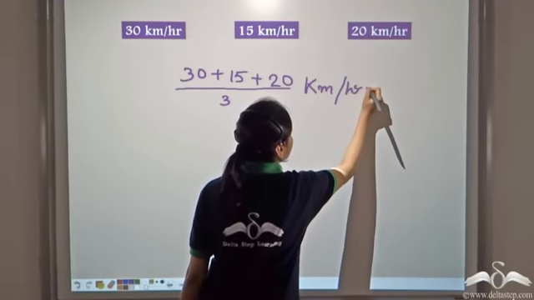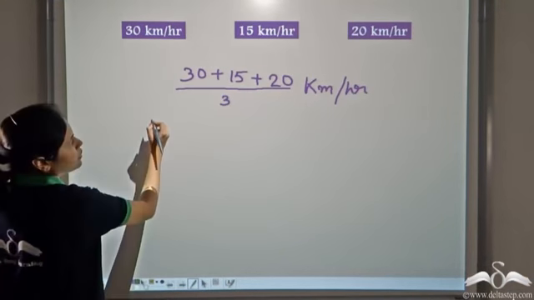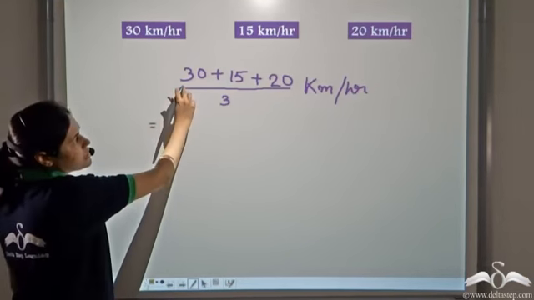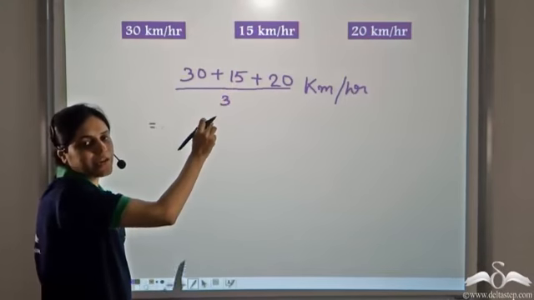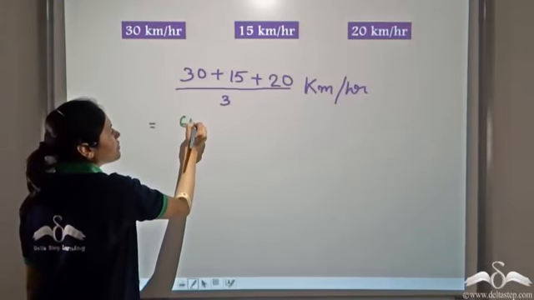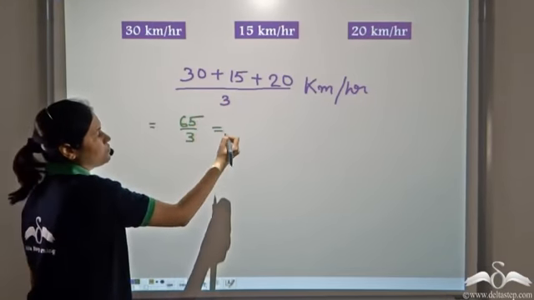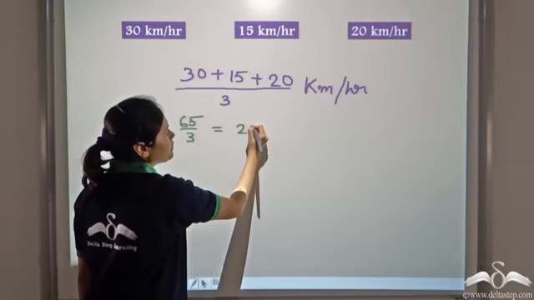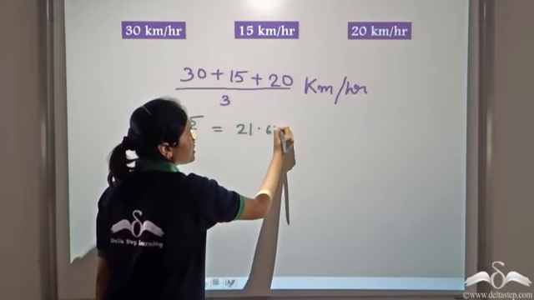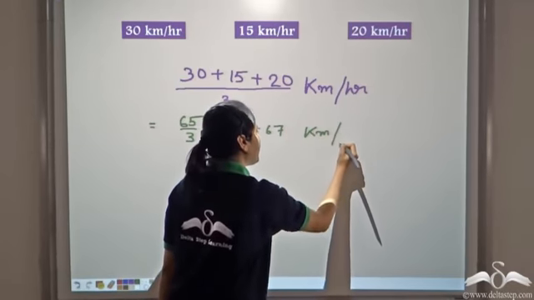It is kilometer per hour. This gives us 30 plus 15 is 45 plus 20 is 65. 65 by 3, which is equal to 21.67 kilometer per hour.